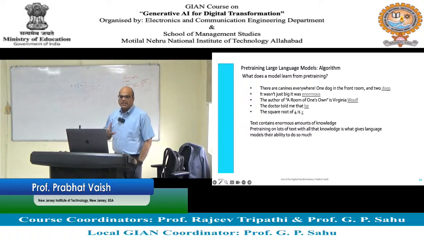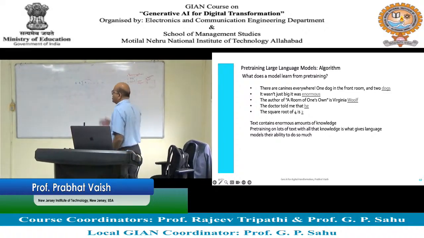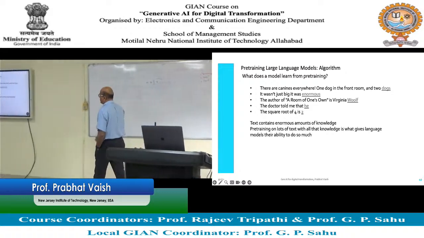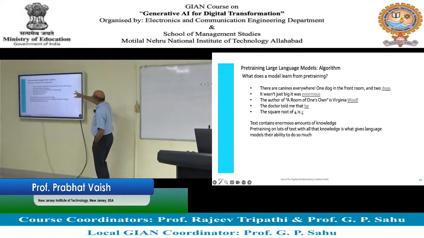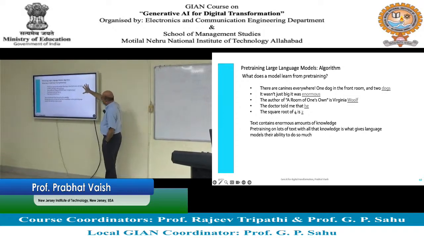So what is it learning, right thing or wrong thing? Here are a few examples. What it is showing is what it is producing as the next word. As you would see, some of them are right, some of them are wrong. When it learns that there are canines everywhere, one dog in the front room, and two, it is correctly predicting that we are referring to dogs.